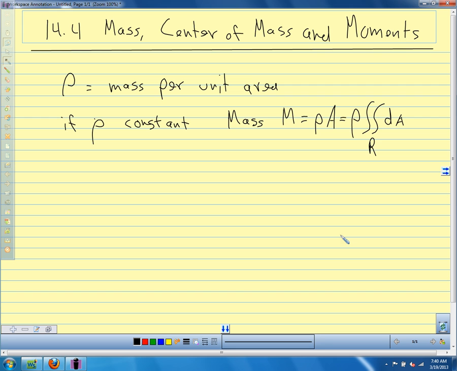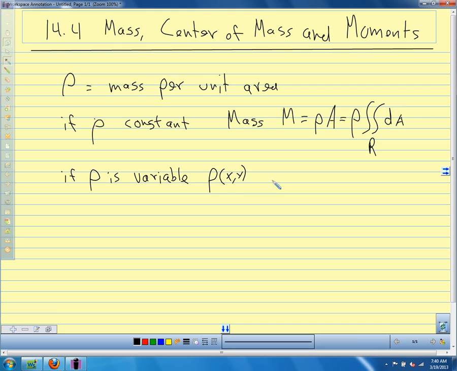Well, now that we have this tool of double integration, we can work with a variable density. So if rho is variable, our density depends on where we're located. We're going to say it's a function of x and y.